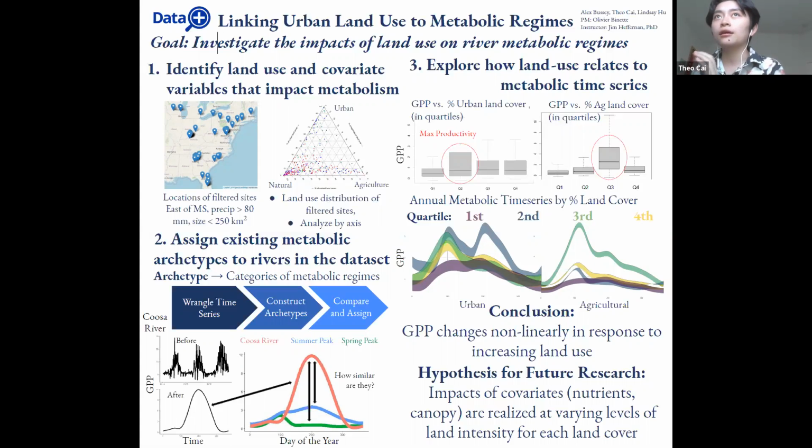So maybe in intermediately developed areas there are stimulatory effects occurring, and they're really strong at first. One thing we were thinking about was nutrient loading. If there's development nearby, maybe there's runoff of nutrients into the river that the little organisms really like, and they take it up and produce a lot. That could explain the spike in GPP.